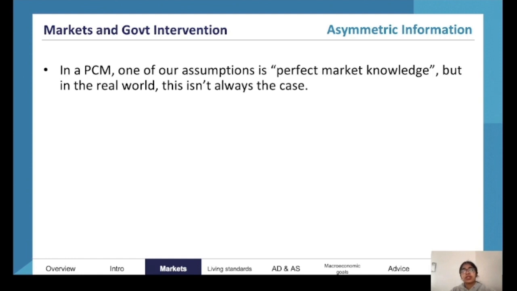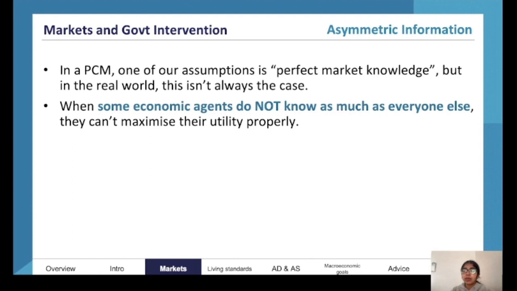Asymmetric information. This is about the assumption that both parties have perfect market knowledge, so perfect information. But in the real world, this is not always the case. For example, when you have a mechanic telling you what repairs you need on a car, you don't know if they're telling you the truth or if they're lying to you to just scam you.